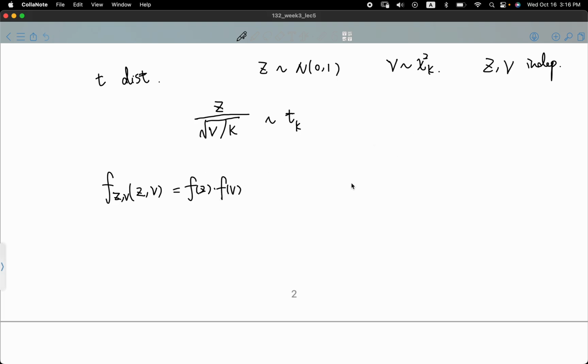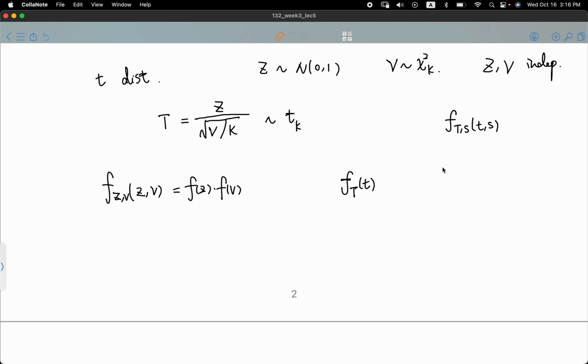But what we want is the f of t. Let me define this as capital T. Also notice that this is a bivariate distribution, and this is a marginal distribution. So our strategy here is that we first use this, and then through some transformation get f of t and s. And then we take the integral.